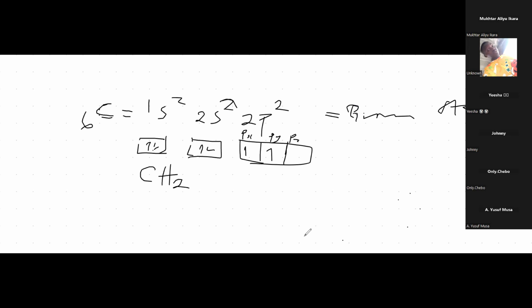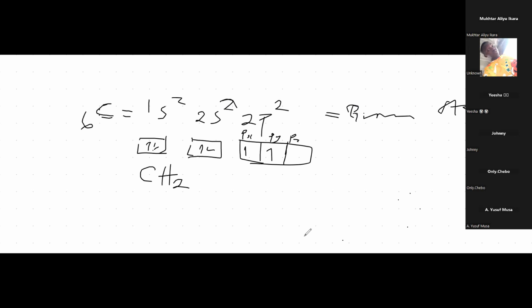But this CH2 is highly reactive, and it is very hard to see it in a free state. As a result, we usually use the carbon that is in the excited state.